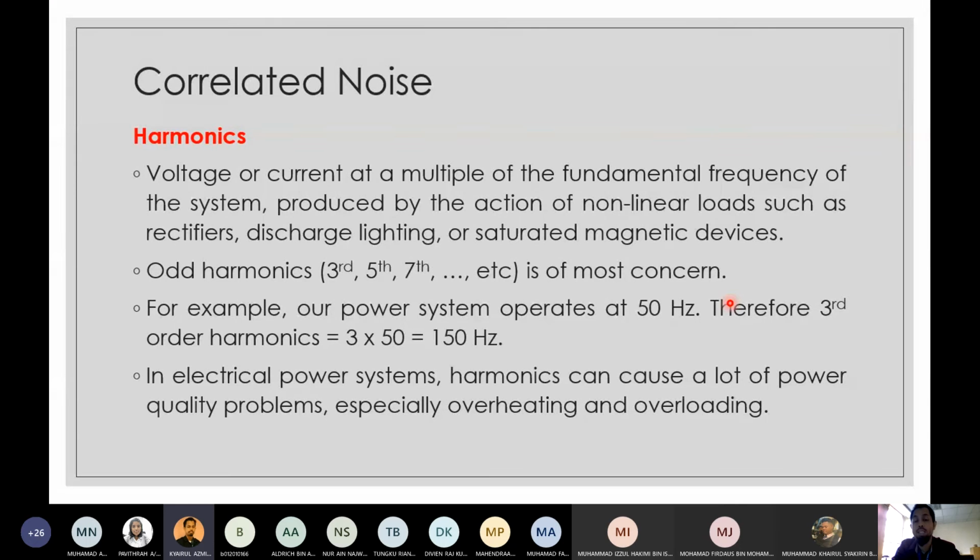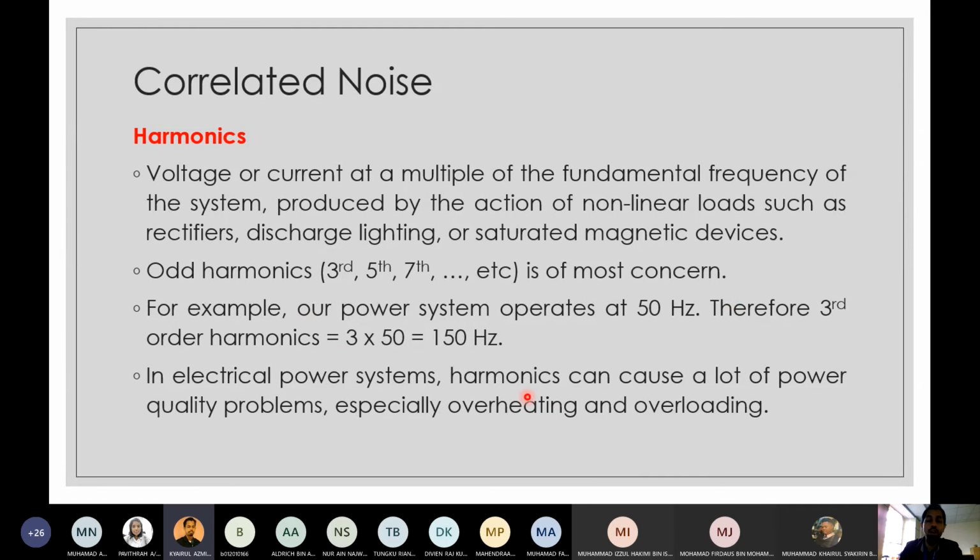So odd harmonics is most concern. Why? Because even harmonics, second, fourth, usually they cancel out each other because it's even. Okay, so one positive, one negative, they cancel out. But for third, fifth, and seventh, and so on, odd number, it can add up. Okay, so this is an example, the third harmonics.